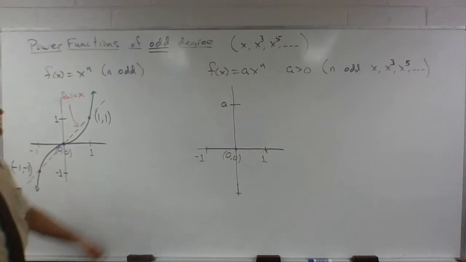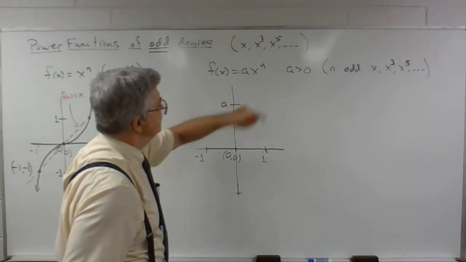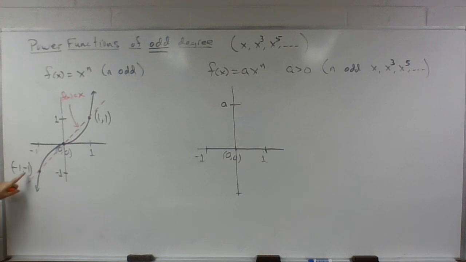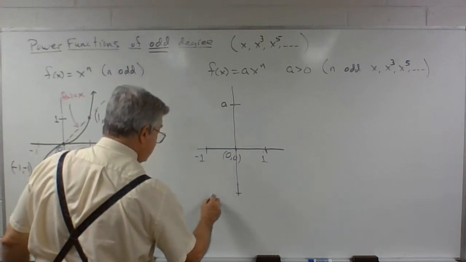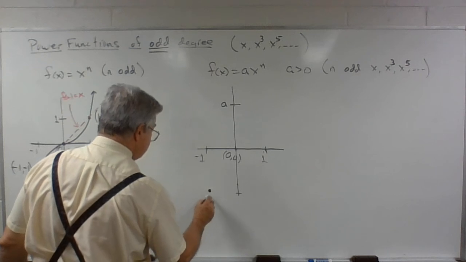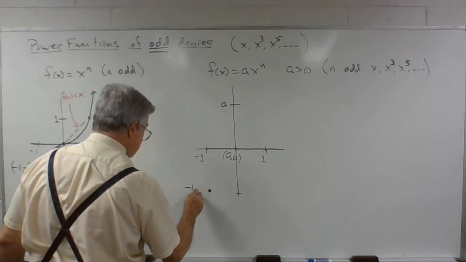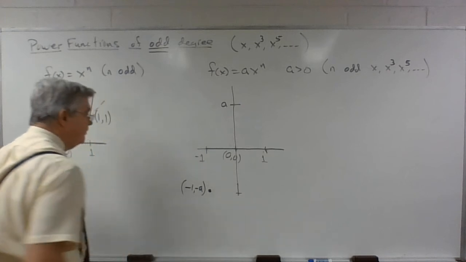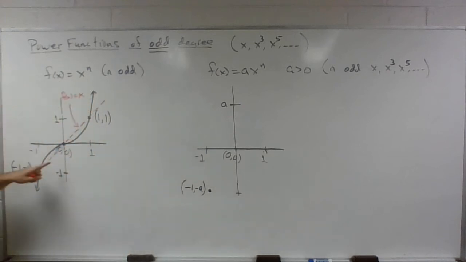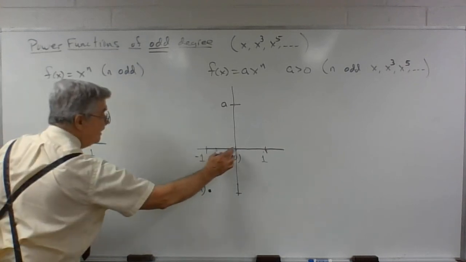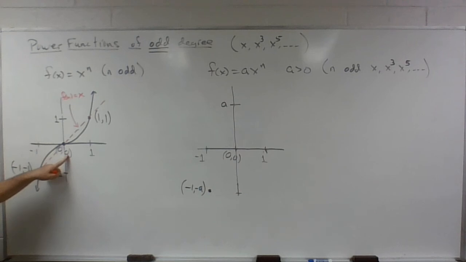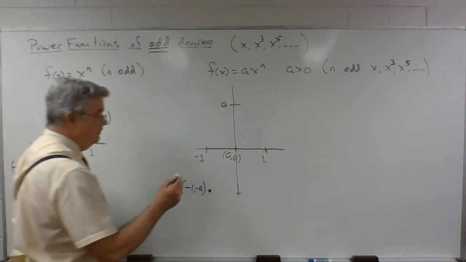To get the graph of f of x equals ax to the n, we multiply the y coordinate by a. So a times -1 is -a. To get the point that corresponds to this point on the new graph, we take the y coordinate and multiply it by a. 0 times a is 0.